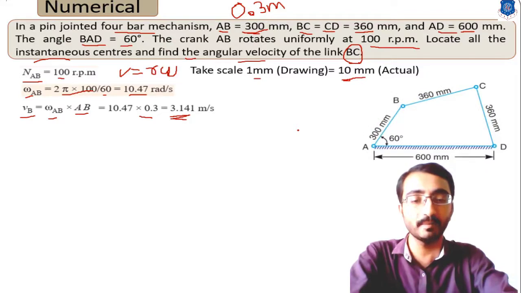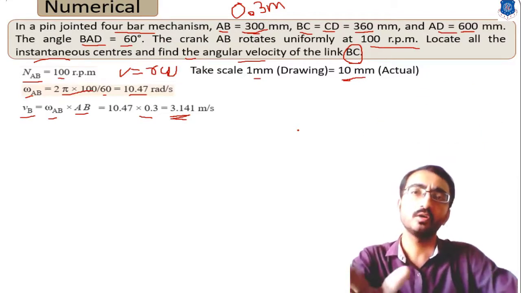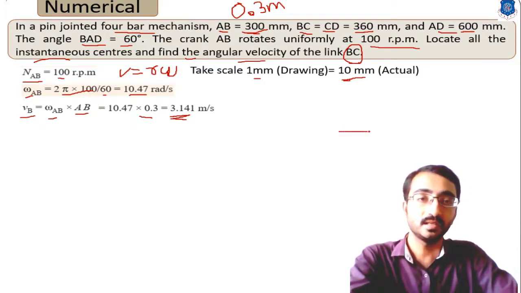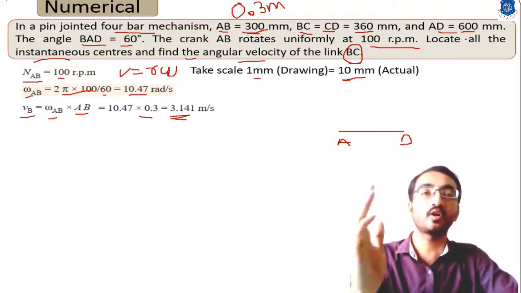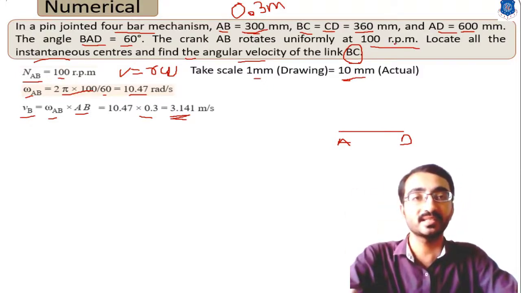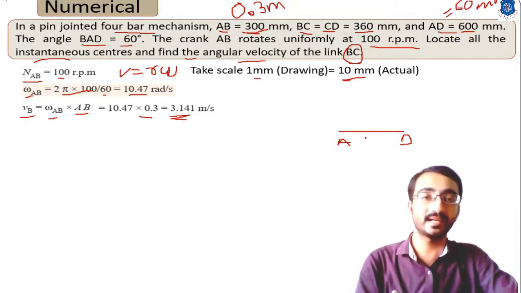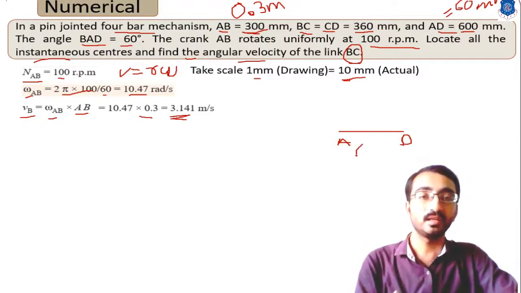To sketch this 4-bar mechanism, let's follow a few steps. First, consider link AD, since angle BAD is given. The AD link length is given as 600 mm. Considering the scale, you have to sketch a 60 mm line, that is a 6 centimeter line, and this 6 centimeter line represents the actual length of 600 mm.